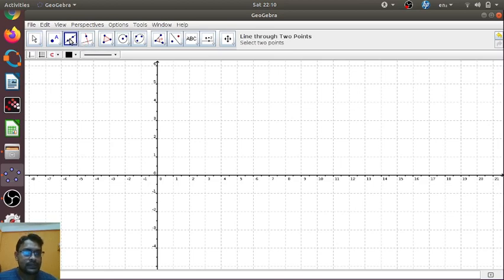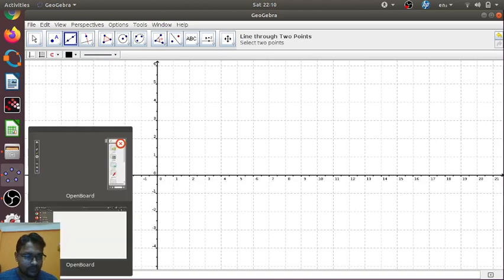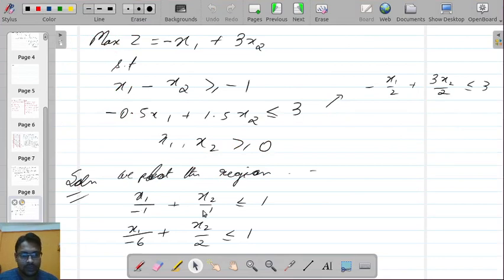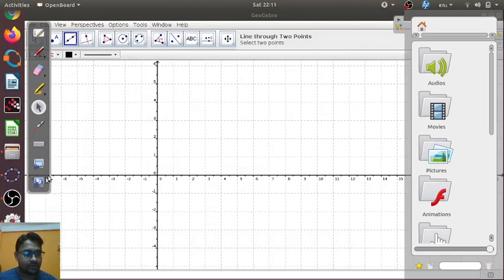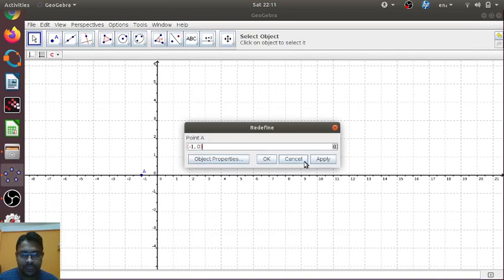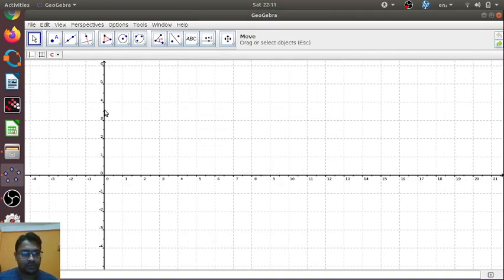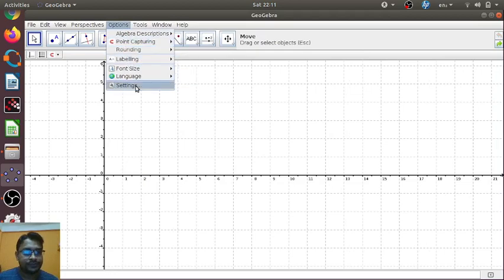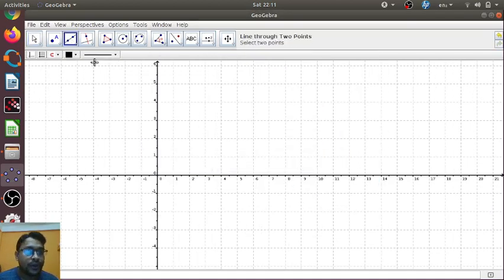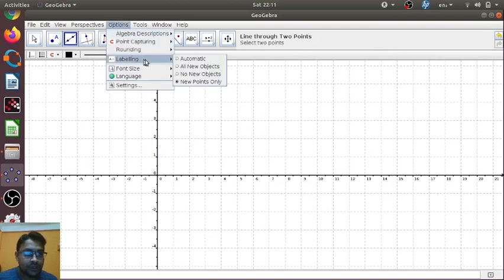This line through 2 points. The first one was through minus 1 and 1. So let us try it. Minus 1 to 1. Okay, so settings close. So let us try drawing it now.